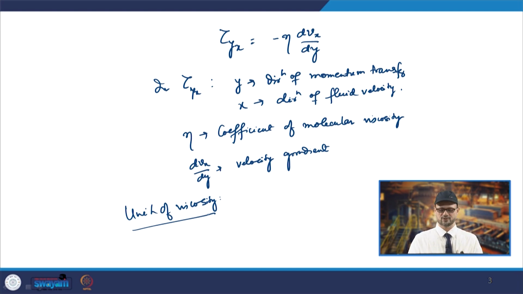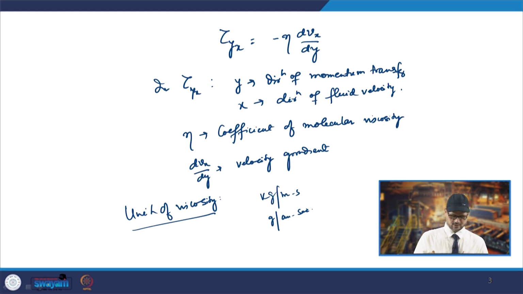So, that is your unit for the viscosity. And if you go for the CGS system, then it is the poise. So, 1 poise will be 1 gram per centimeter second.